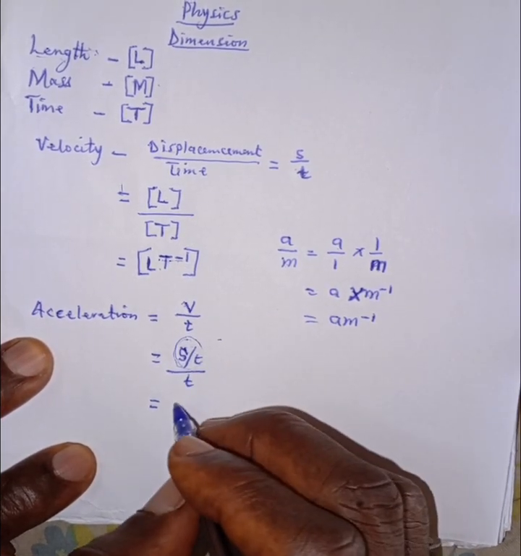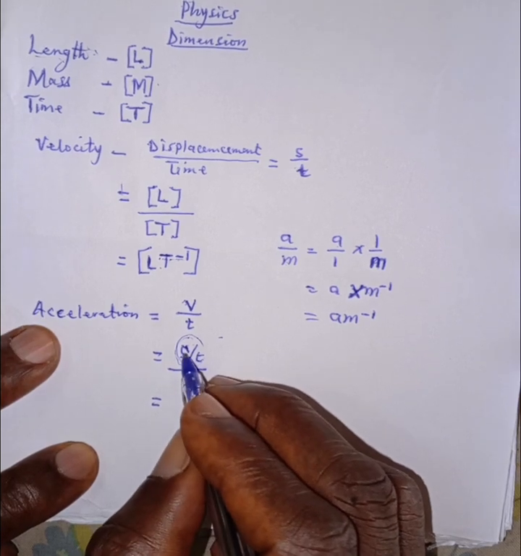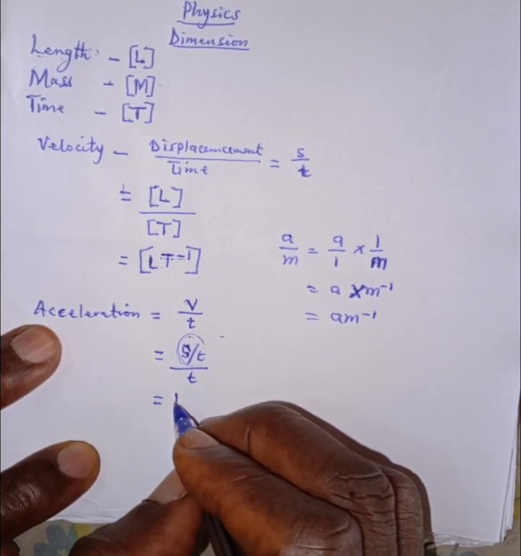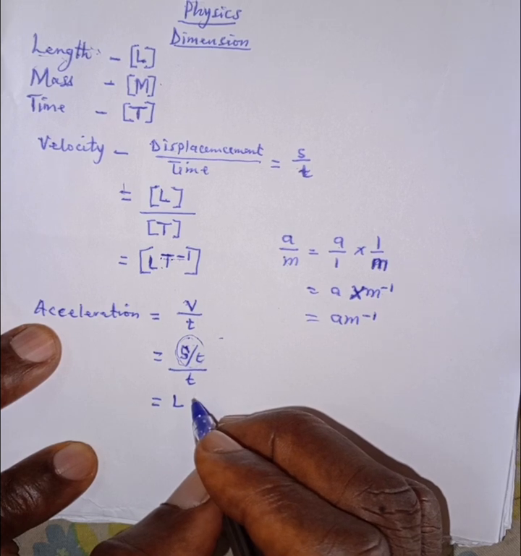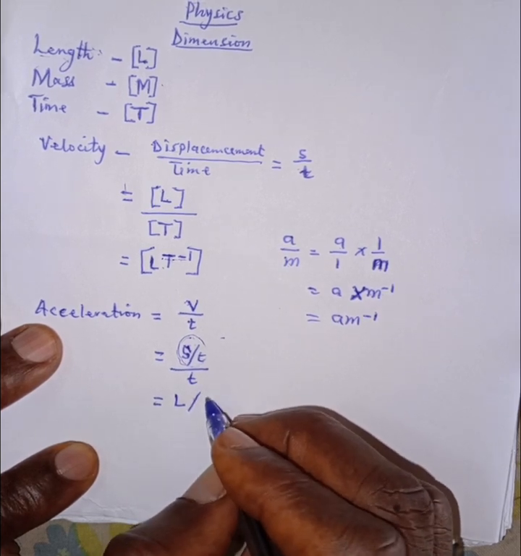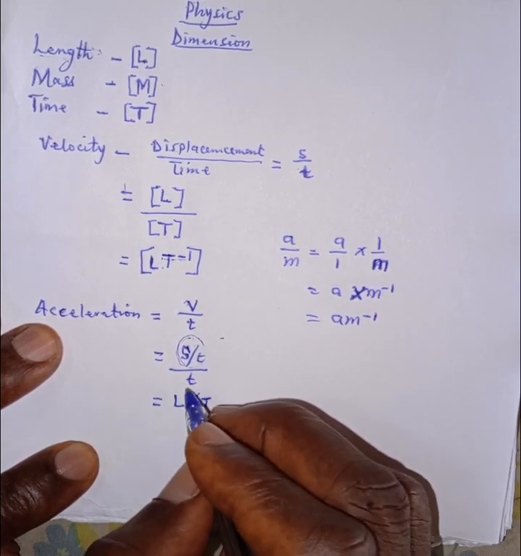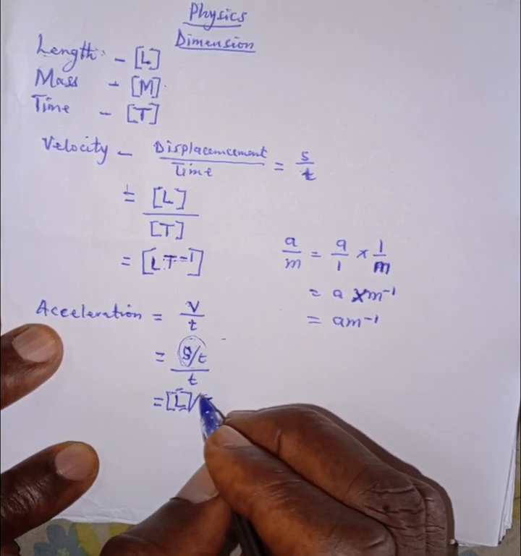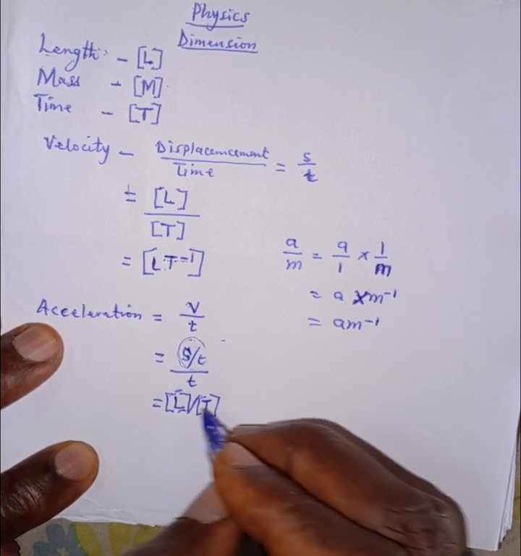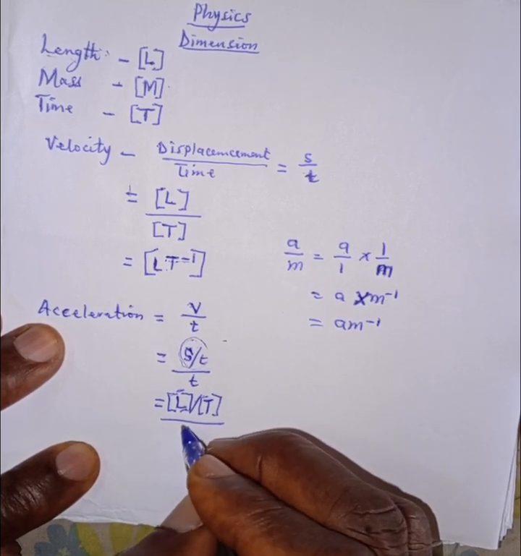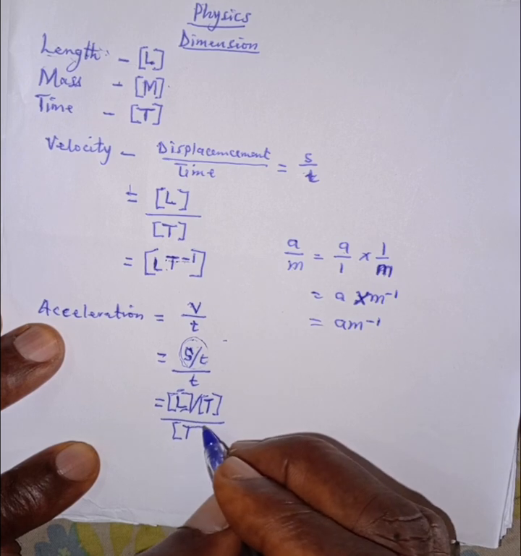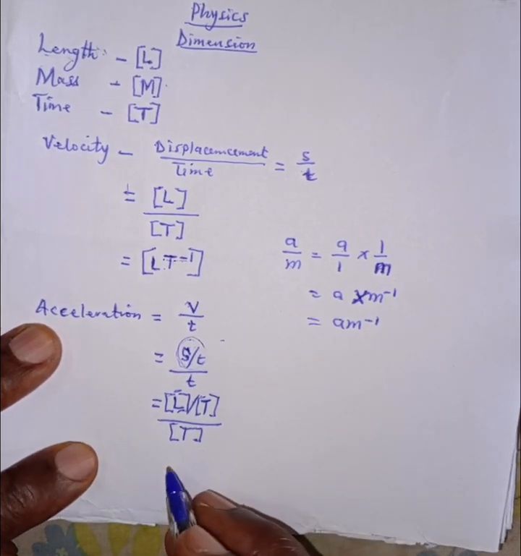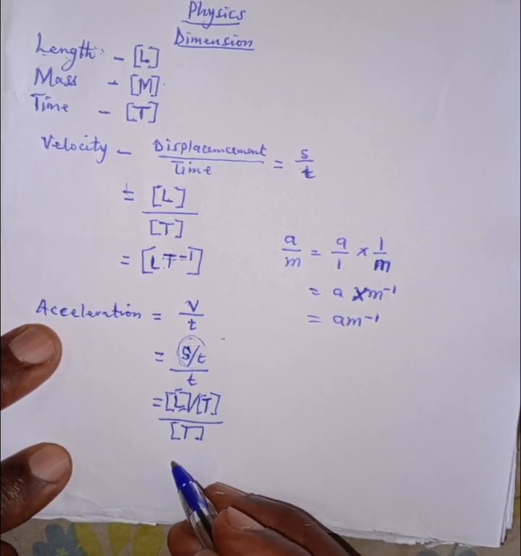Since this place is velocity already, let's write it in full. You have this one represent our L divided by our T, in square brackets, all over T again, also in square brackets.